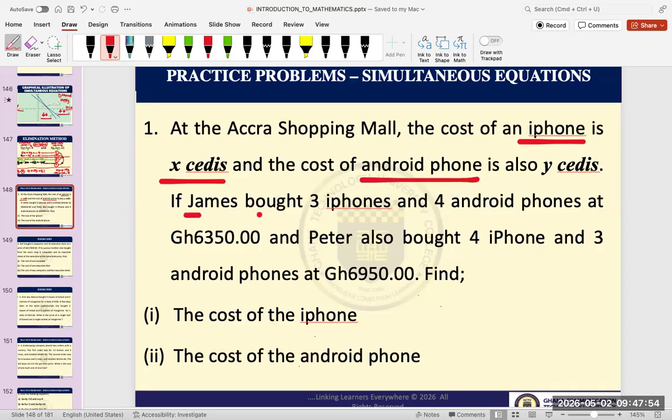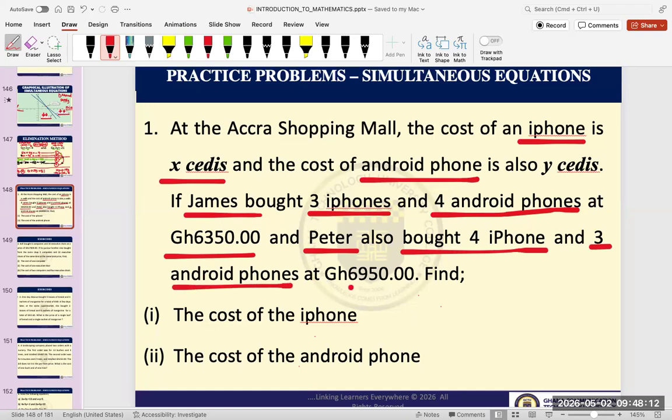Now, if James bought 3 iPhones and 4 Android phones at the cost of 6,350, and then Peter also bought 4 iPhones and 3 Android phones at the cost of 6,950 Ghana cedis. Question: find the cost of the iPhone. Find the cost of the Android phone.